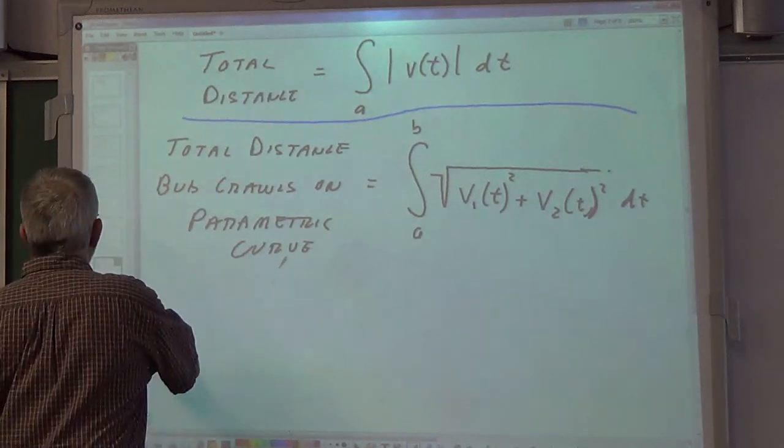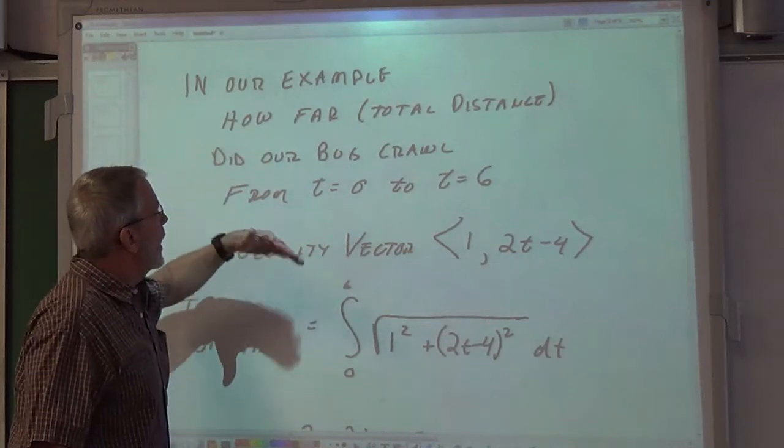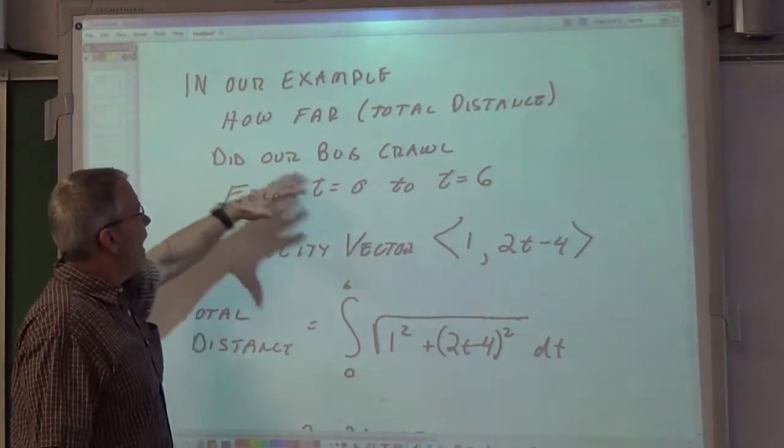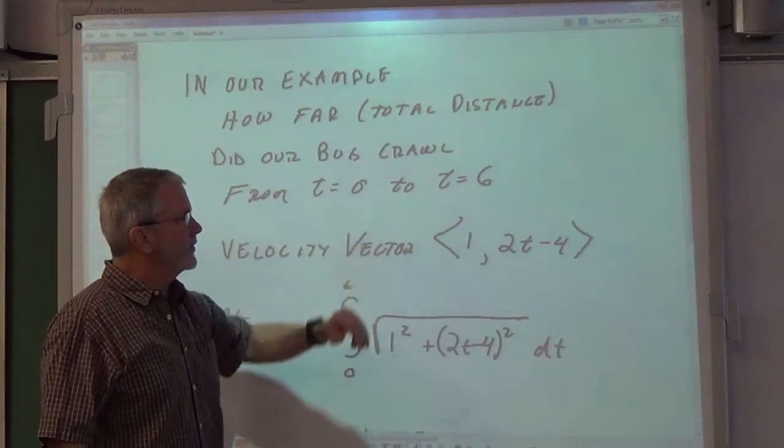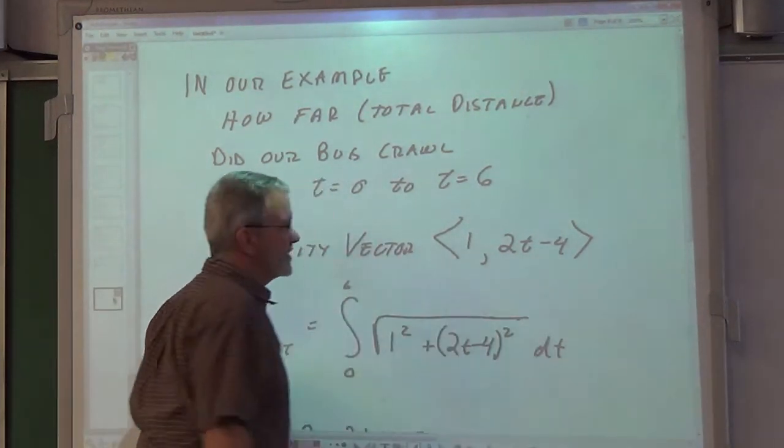I'm running out of time here, so I wanted to give this example. In our example, how far, the total distance, did our bug crawl from t equals 0 to t equals 6? Well, recall the velocity vector 1 comma 2t minus 4.